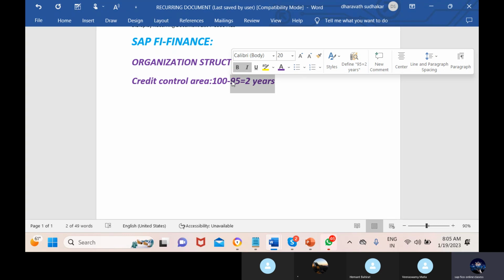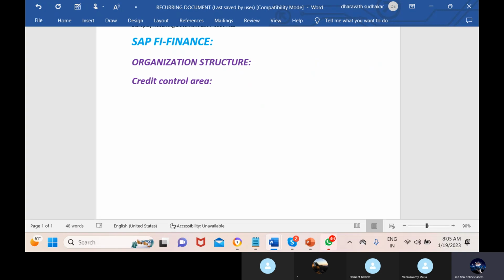So, in order to avoid all those situations, while we are configuring in the database, in our configuration data, we'll put some limit. And it will be reflected not only in finance, it will be reflected in other modules also, in sales and distribution, because the sales activity takes place in the sales and distribution module.